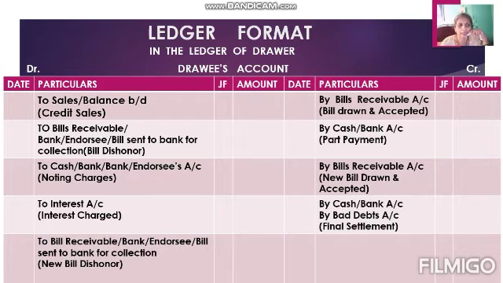In a ledger, the left hand side is the debit side and the right hand side is the credit side. Wherever drawee's name is there in the journal entries in the books of drawer, only those entries we post in the ledger. Here the first transaction in the books of drawer starts with credit sales.